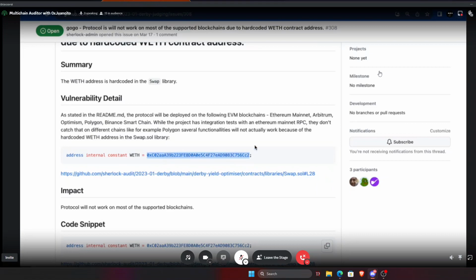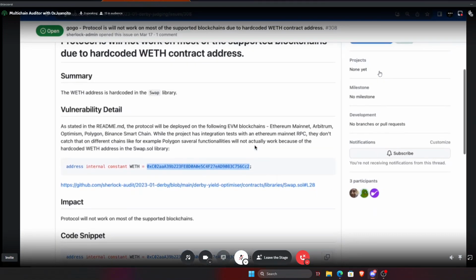This works for Ethereum, but the protocol was expecting to deploy the contracts on Arbitrum, Optimism, Polygon, Binance Smart Chain, and all of these as well. I think that on all of these chains, Rapidfair has a different address.